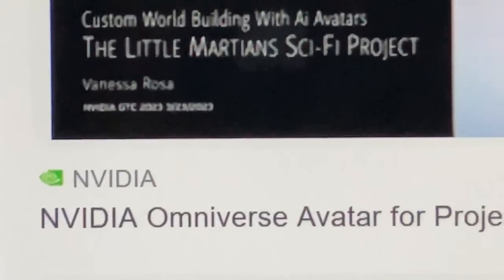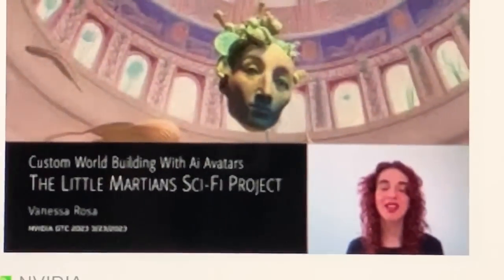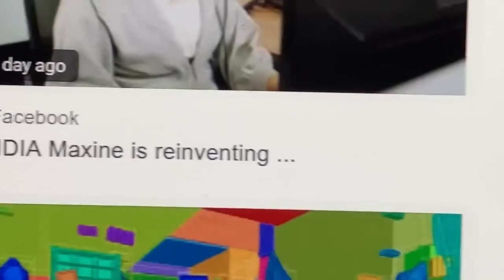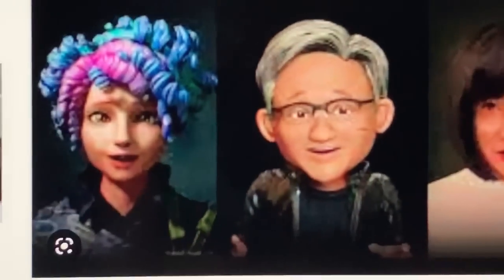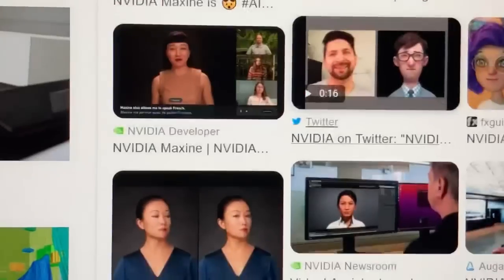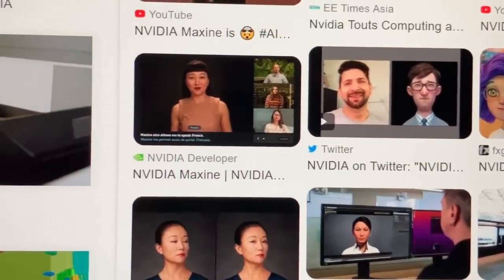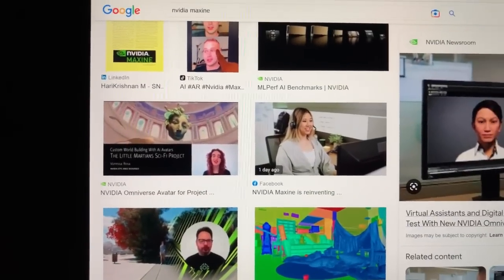The Omniverse Avatar Project. You'll live in the Omniverse. Each one will hear in their own language. Look at that. And when you have your online meetings, you can look like this, and there may be some who do their own. You've got virtual assistants, everything. This is their new thing.